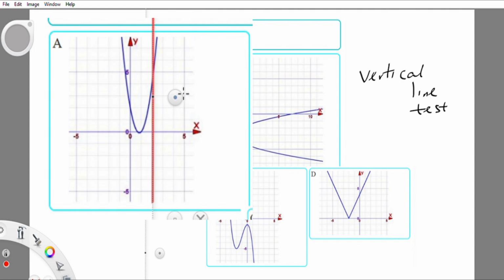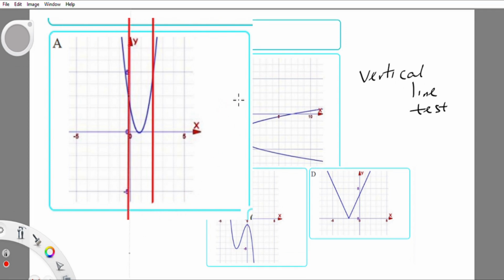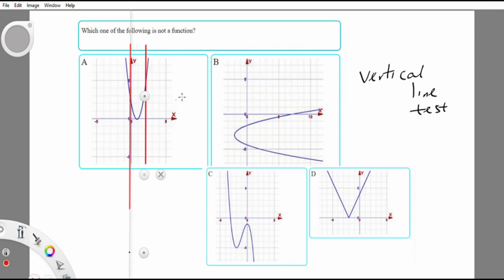That is just a single point. Let's try this. It's a single point. So A is a function. So let's take it off.